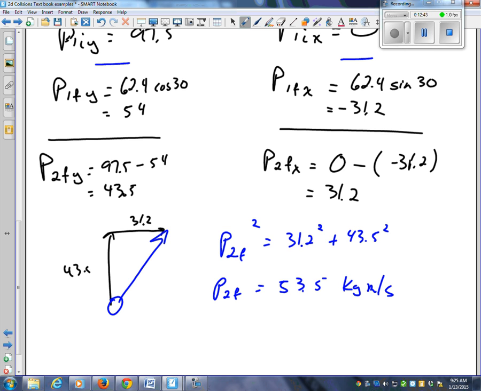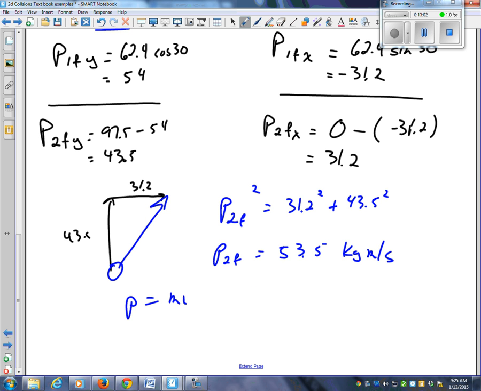Is that what I was asked? No. What was I actually asked? The velocity. Is it easy to find the velocity? Yeah, here it actually becomes pretty easy, right?